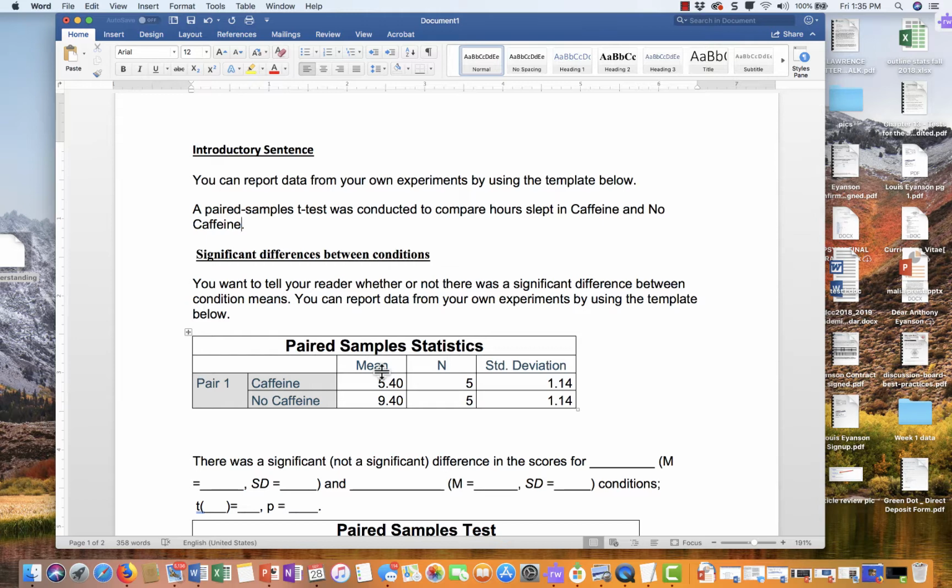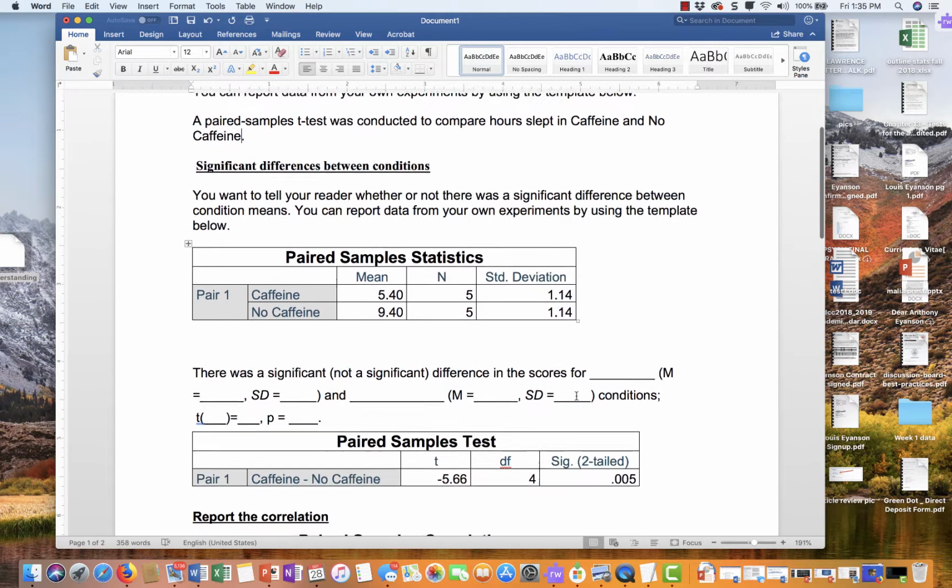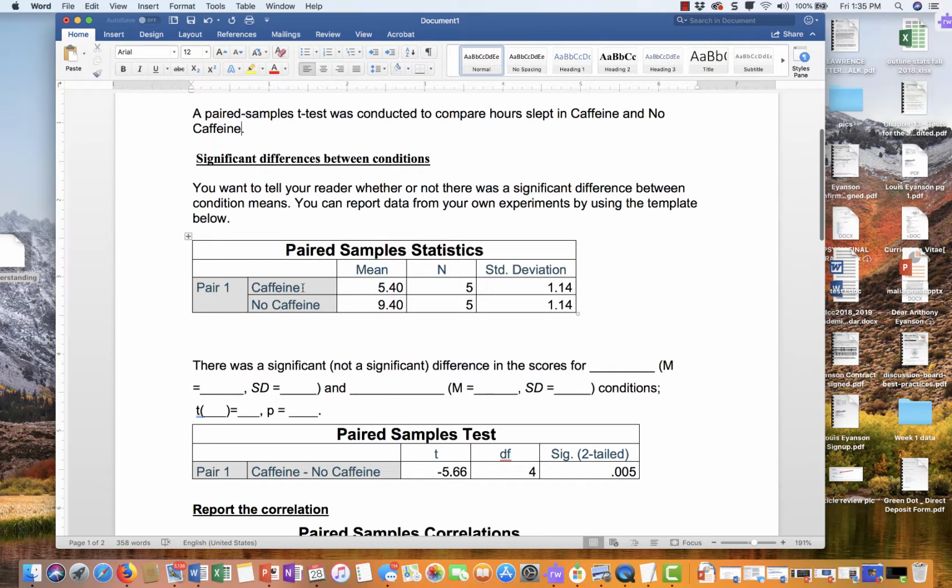Hours slept is not going to be shown in here. That's what you're running it against, your dependent variable, and caffeine and no caffeine are your independent variables, and you're going to have 2. The box comes out. You'll see it says 5.40 for the caffeine and 9.40 for the no caffeine. Your mean area, these two numbers right here, are valuable. That's where you're going to draw your major conclusions.